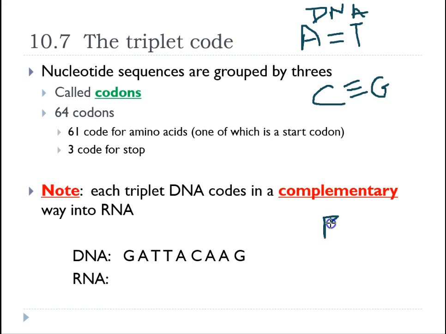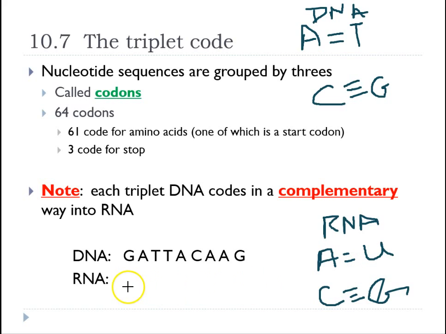With RNA, basically what happens is A gets converted into U, and C still goes to G, and that's going to be bonded together.